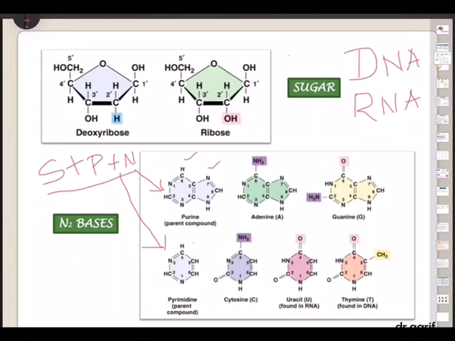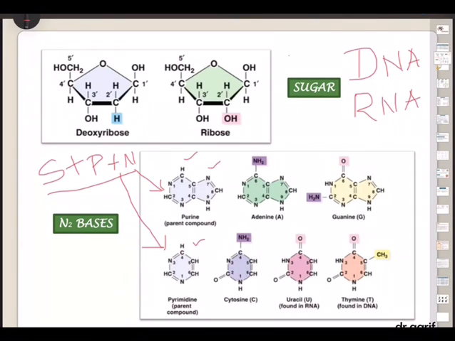These nitrogenous bases are of two groups, as you are seeing, purines and pyrimidines. As you see in the diagram, purines are double ringed: ring number 1, ring number 2. Pyrimidines are single ringed. It has only one ring. Remember, you have studied in chemistry benzene, cyclic compounds.